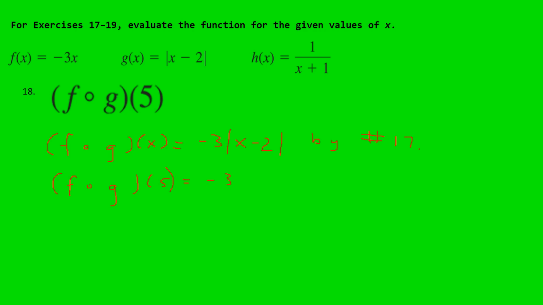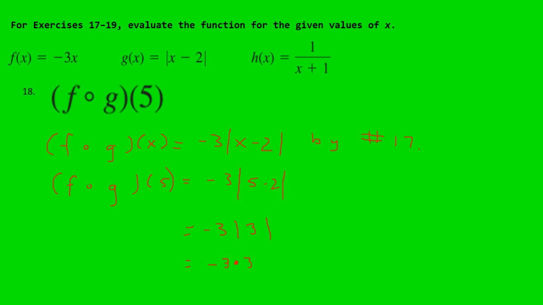Okay. Well then, f composed with g of 5 is, plug in 5. -3 times the absolute value of 5 minus 2, which is -3 times the absolute value of 3.